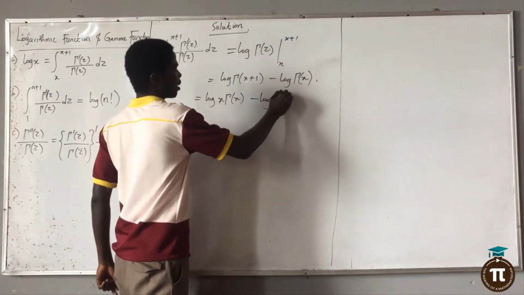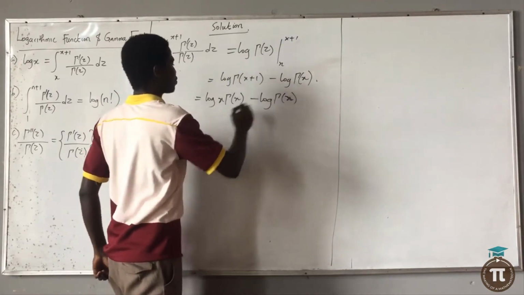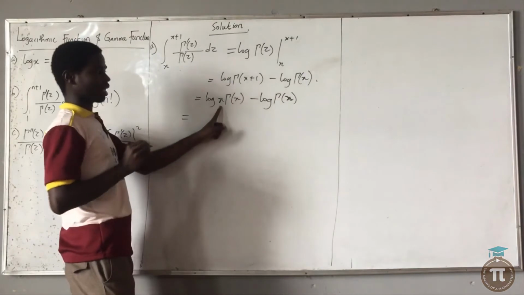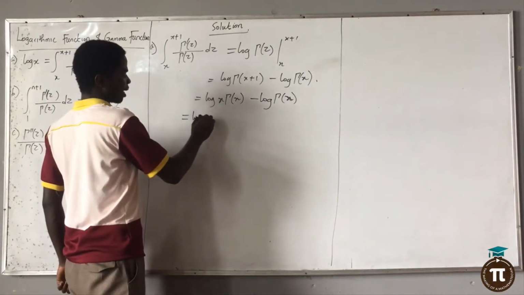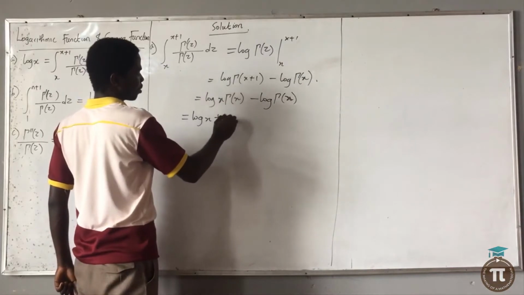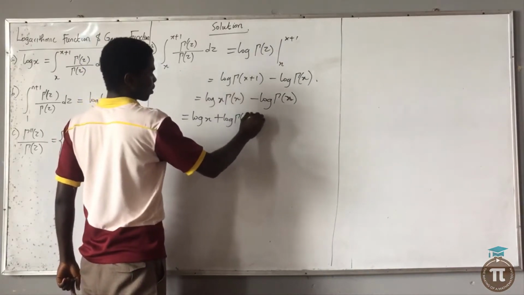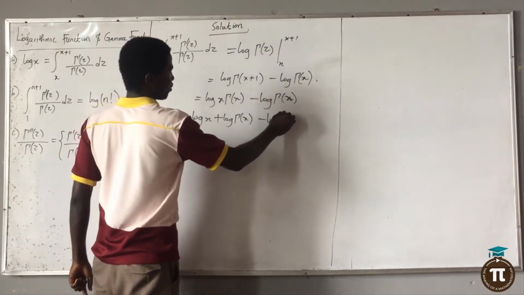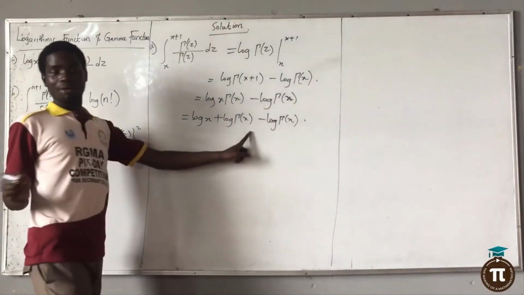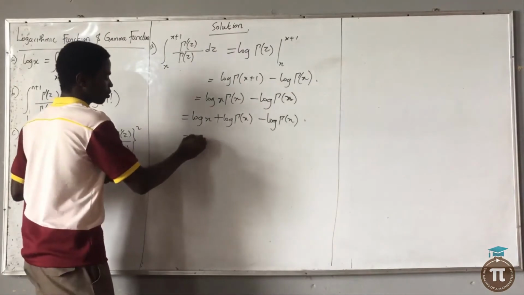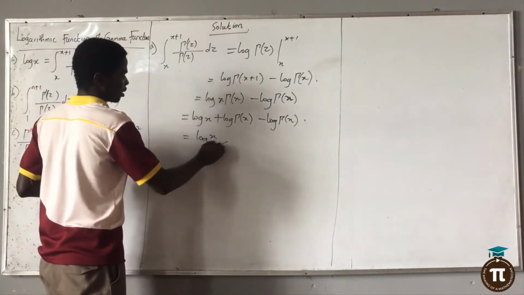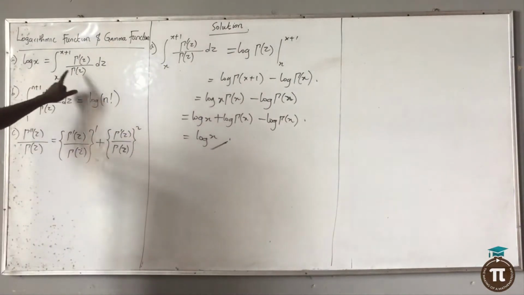This is a product, so from the law of logarithm, I can write this as log x plus log gamma of x minus log gamma of x. Log gamma of x minus log gamma of x will cancel out, so I'll be left with log x. And I'm done with the first one.